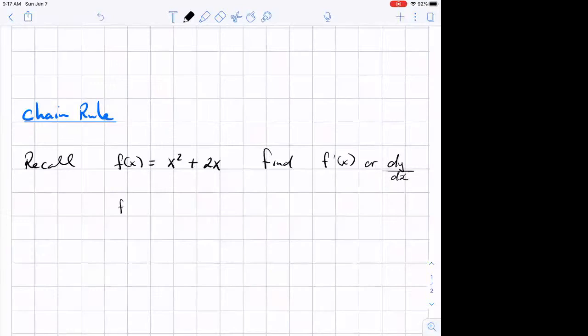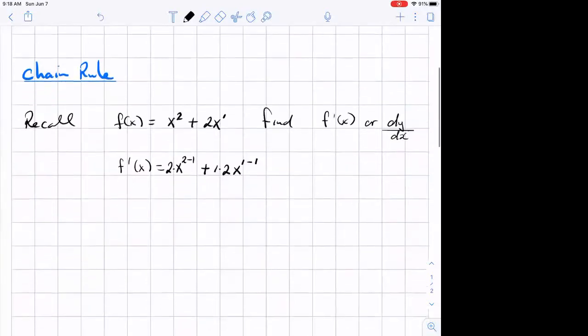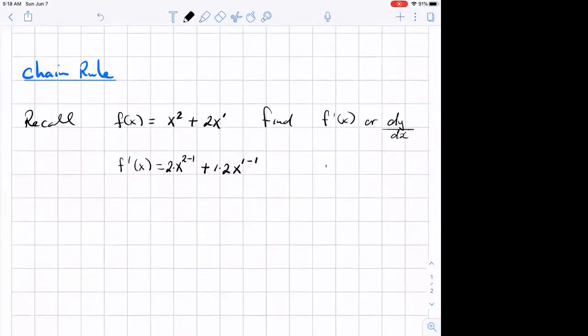So we can say f prime of x is equal to, take the power from the top, 2, and always subtract 1, so that becomes a 1 power. Keep in mind there is a 1 here, so this becomes plus 1 times 2x to the 1 minus 1. Maybe I should write out all the steps for you. 2 times x to the 2 minus 1. When we're doing derivatives, we always subtract 1 from the power. And now we simplify.